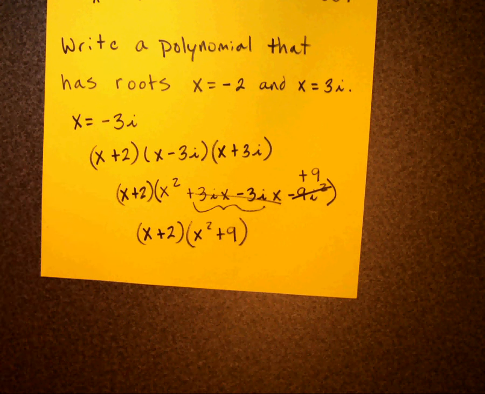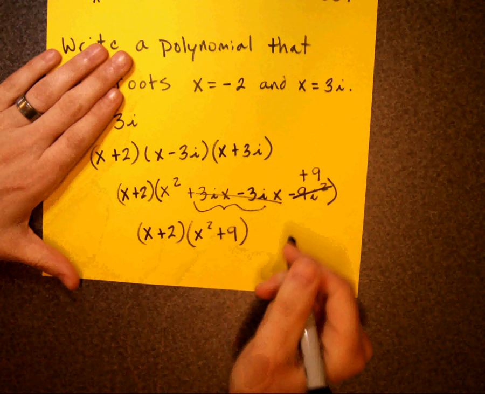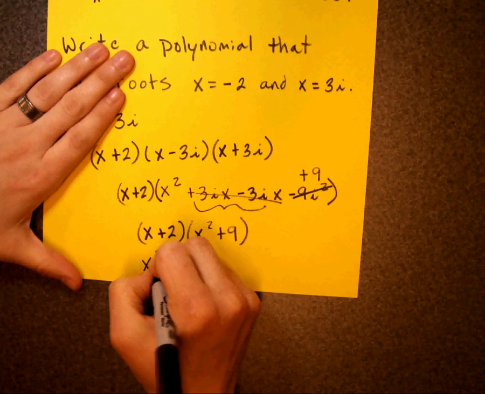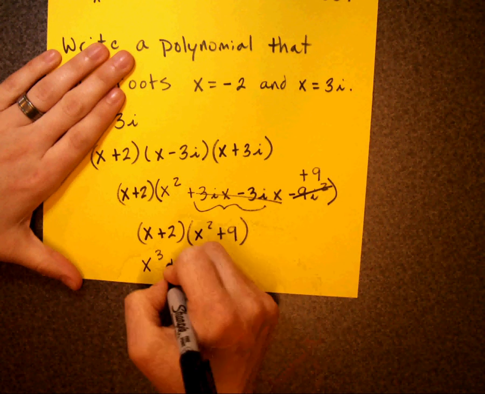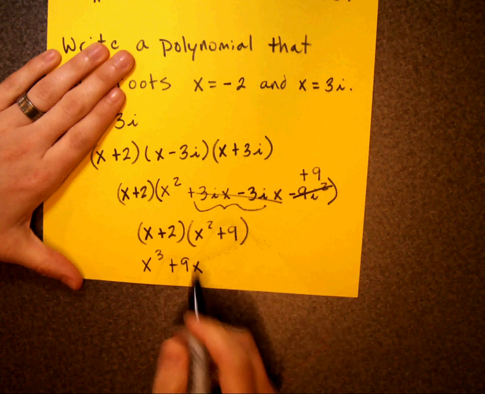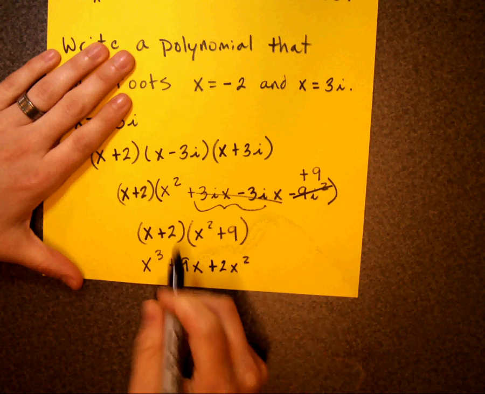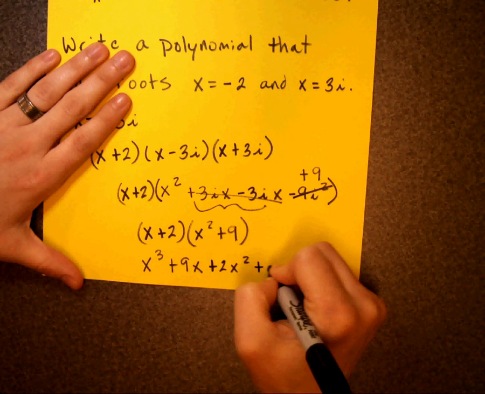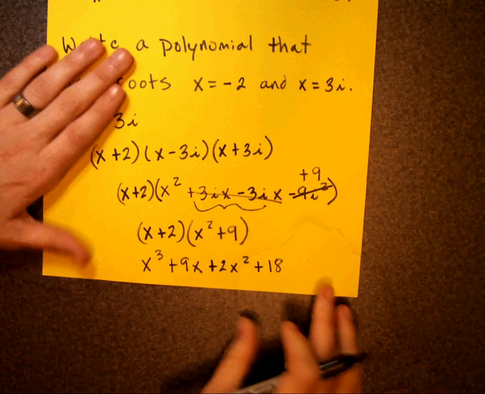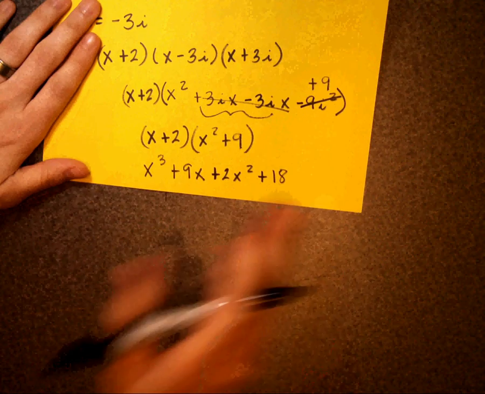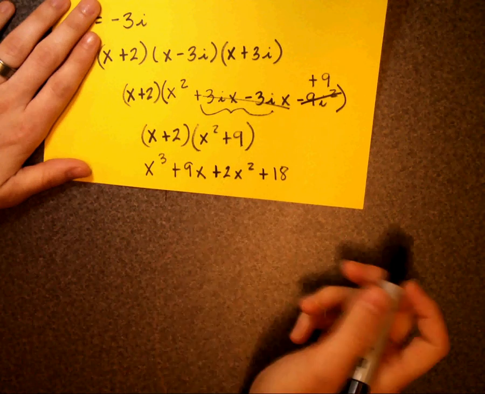And now distributing that, x times x squared gives me x cubed. X times 9 gives me 9x. 2 times x squared gives me 2x squared. And 2 times 9 gives me 18. So we can rewrite that. We like our polynomials to go in descending order, highest to lowest power.